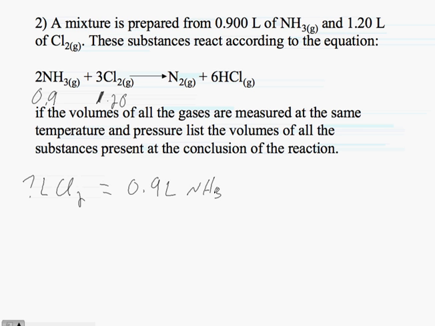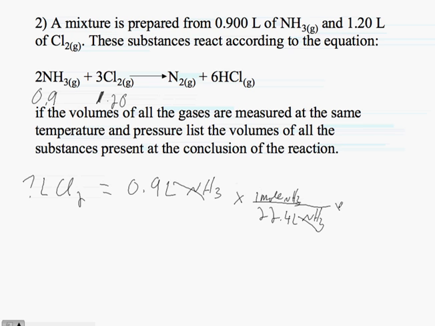With these types of relationships, we're going to convert our liters of ammonia to moles of ammonia. So for every 1 mole of ammonia, we have 22.4 liters of ammonia. Liters of ammonia cancel out, and if we stop here, our answer will be in moles of ammonia.